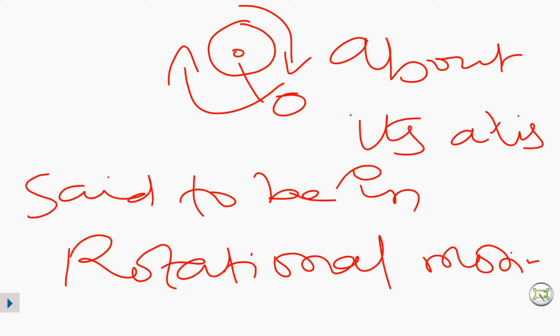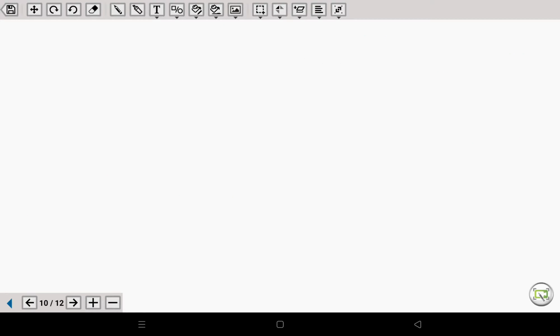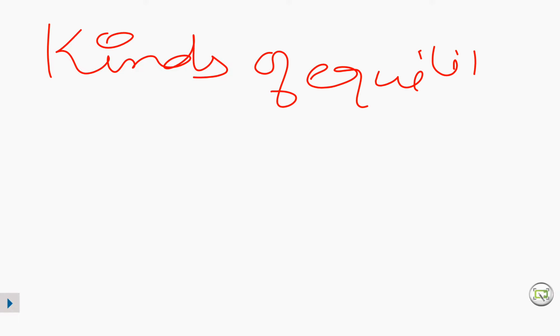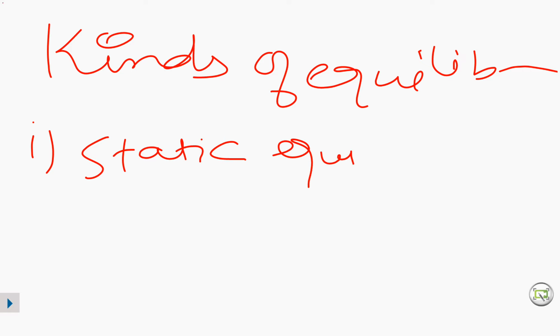So with this we have completed this chapter, and we must know about equilibrium. There are two kinds of equilibrium. What are they? First one, static equilibrium. When a body remains in a state of rest under the influence of several forces, then it is said to be in static equilibrium.